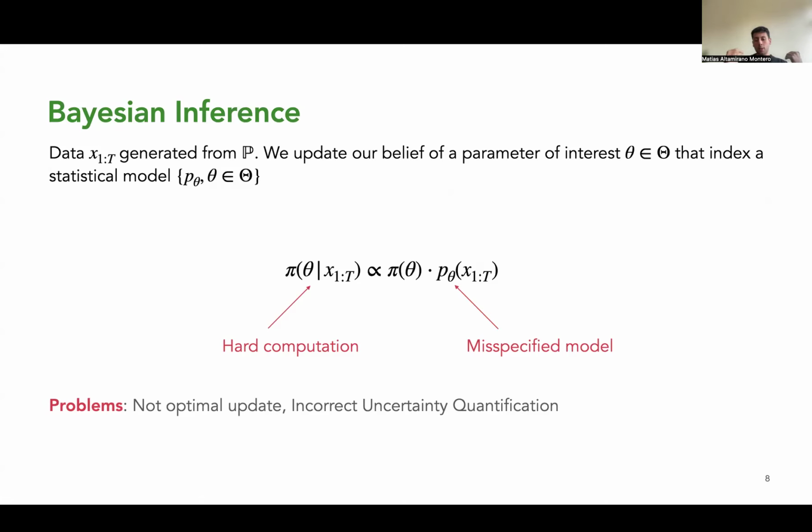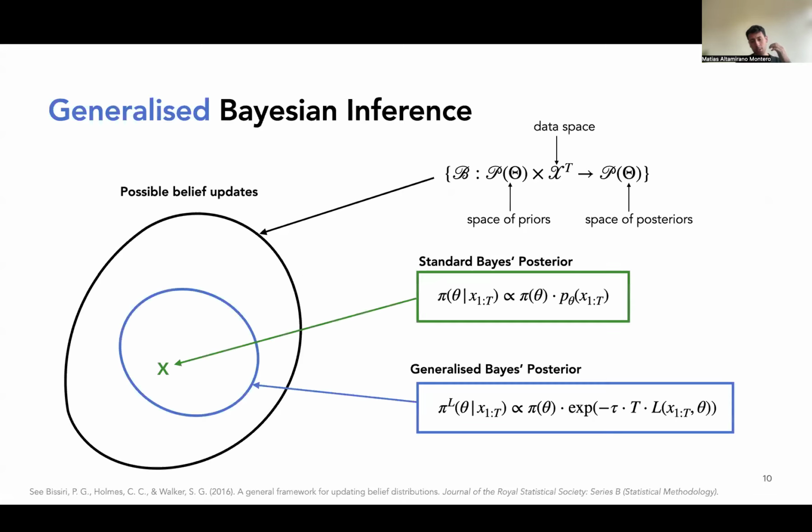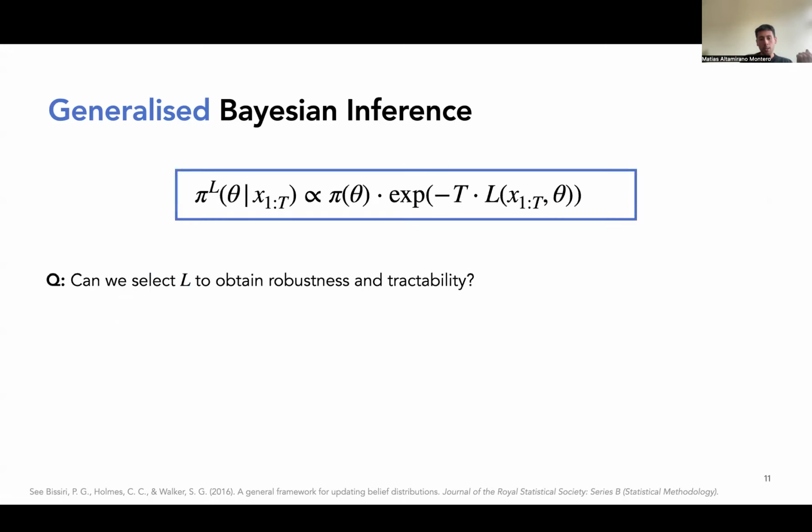In those cases, we no longer get the benefits of Bayesian inference, and we're breaking our assumptions. The solution, which is not a surprise for anyone here in the seminar, is to use generalized Bayes or a post-Bayesian inference scheme, so we can obtain the best of both worlds: a posterior that is robust to outliers, but that we can still compute in closed form.